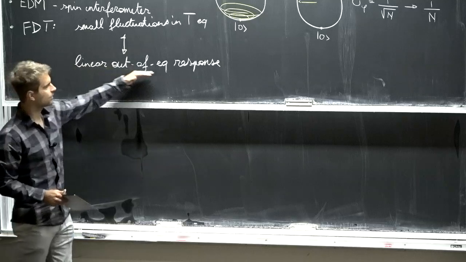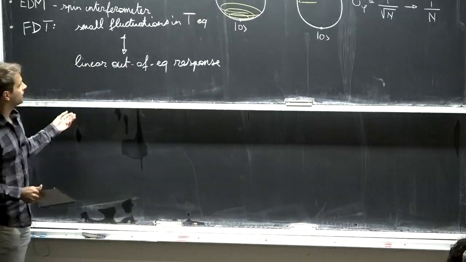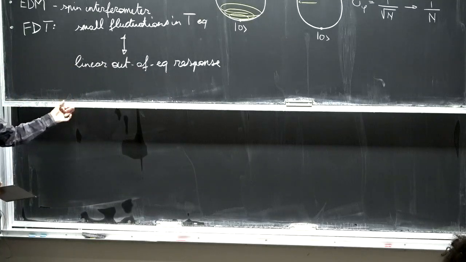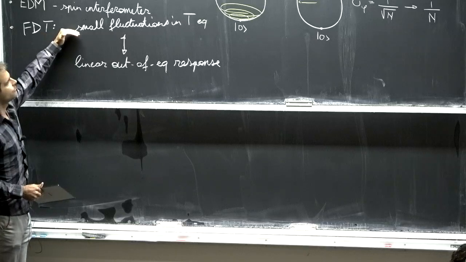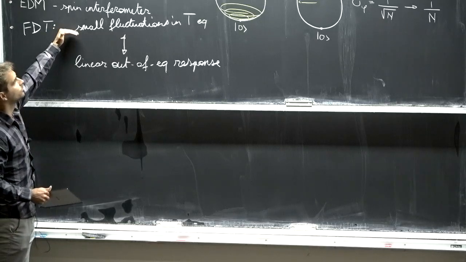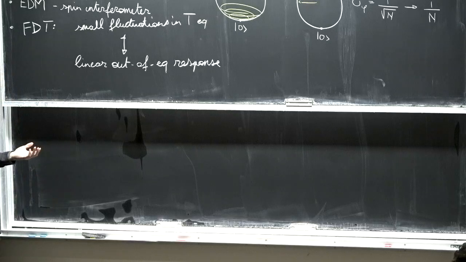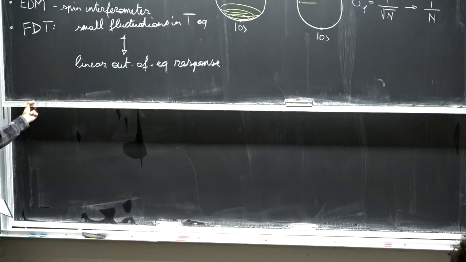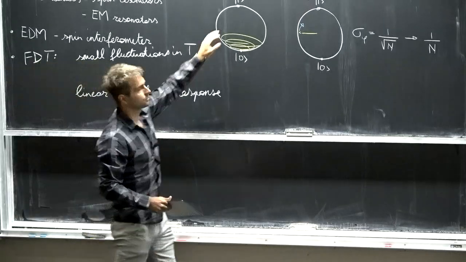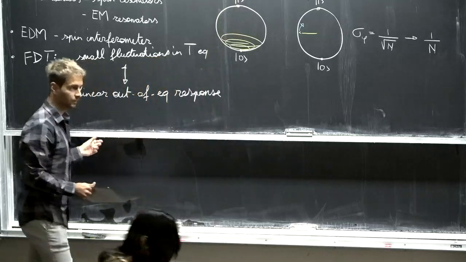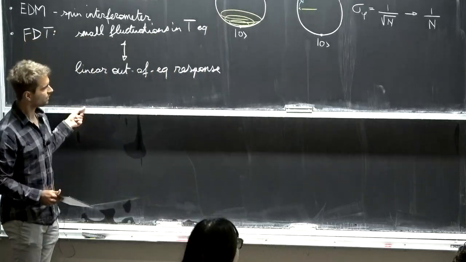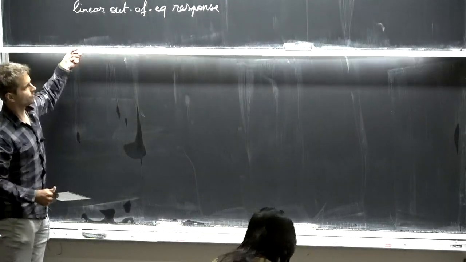And so once I can quantify that linear out of equilibrium response, then I know the thermal and quantum noise sources in thermal equilibrium of my system. And thus I can characterize the fundamental noise that this harmonic oscillator has as a function of frequency. So I will go over that right now.